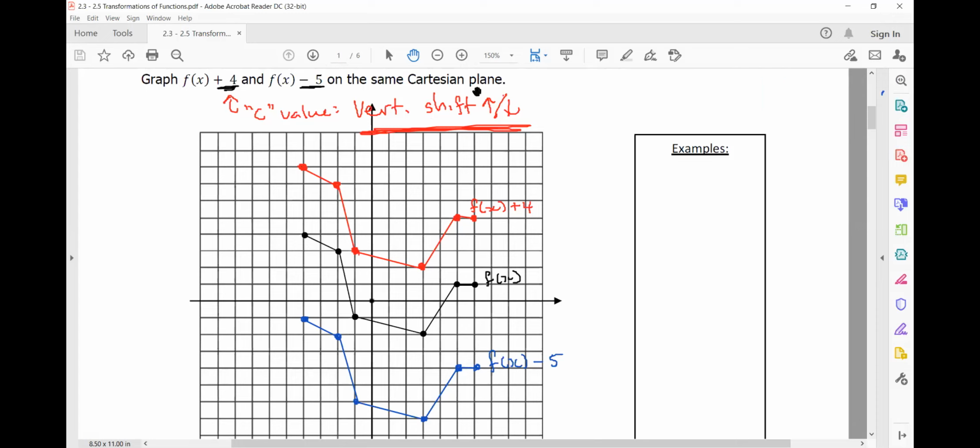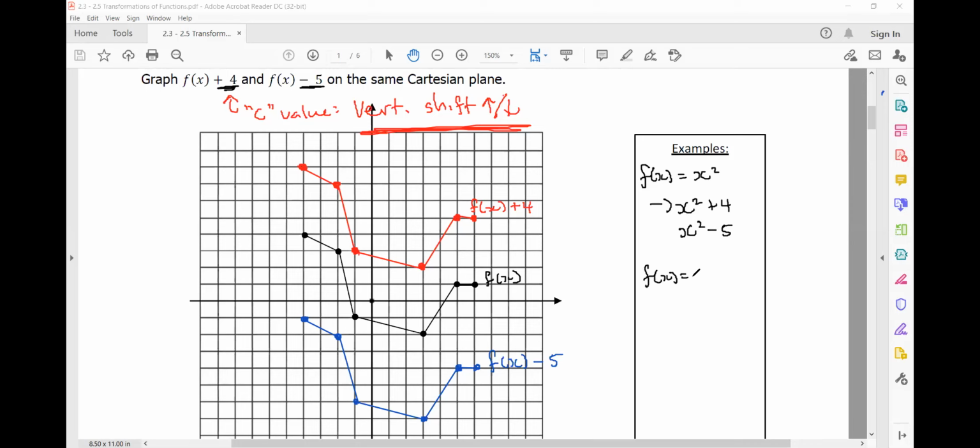Okay, while you might be working on that or trying to draw your own, and filling in this chart, I want to give you a couple of examples. If f of x happened to be x squared, these two transformed functions would look something like x squared plus 4. Again, the plus 4 is outside of the entire function. Or it could look like x squared minus 5, where the minus 5 is again outside of the function.